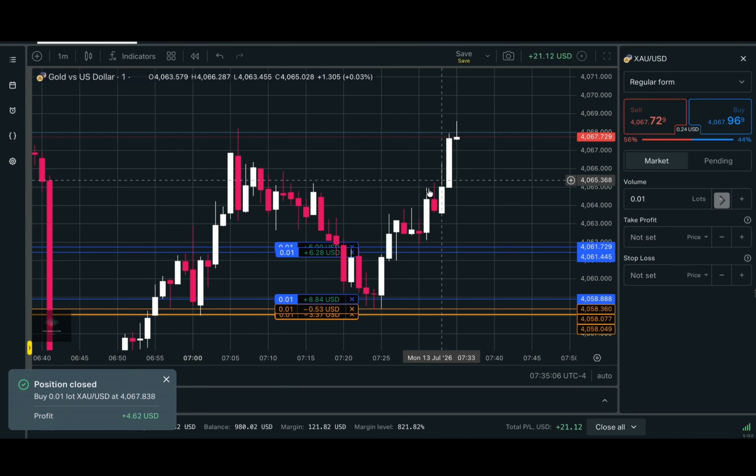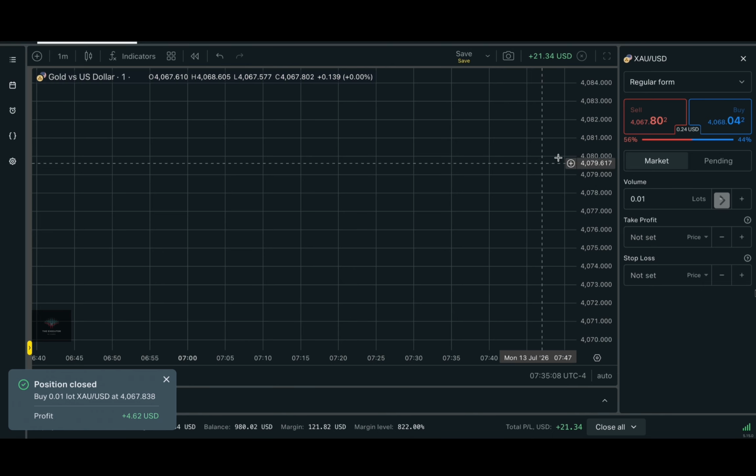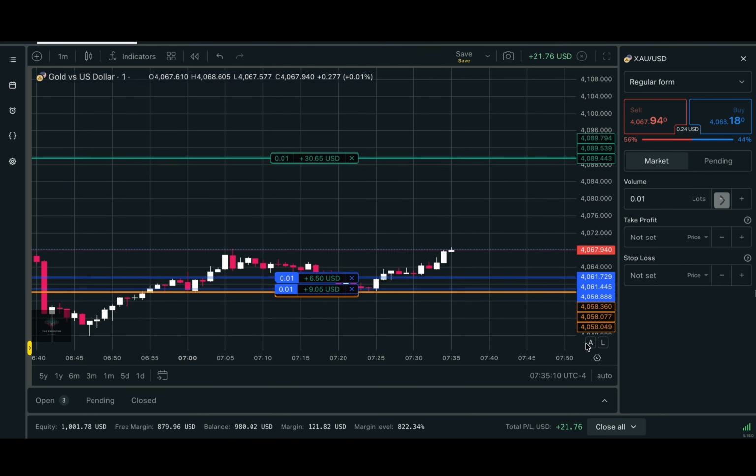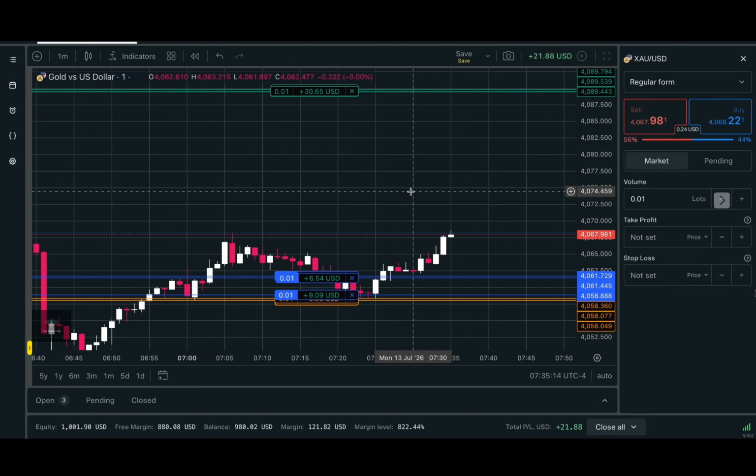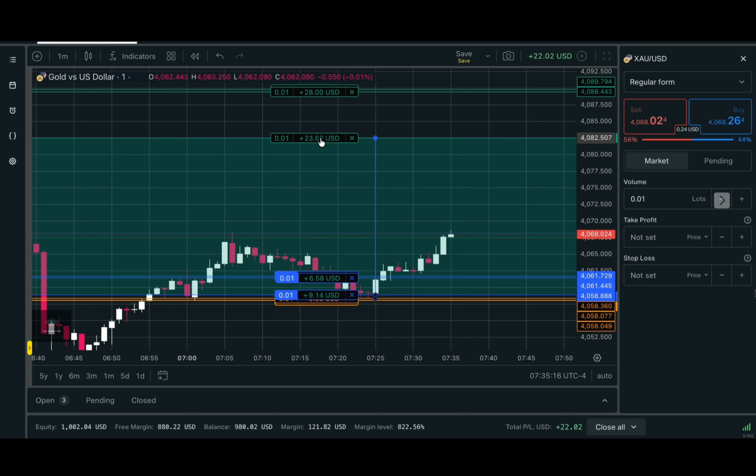I also closed my trades with higher risk there and left the entries from the bottom only.